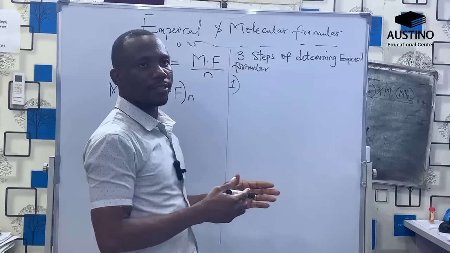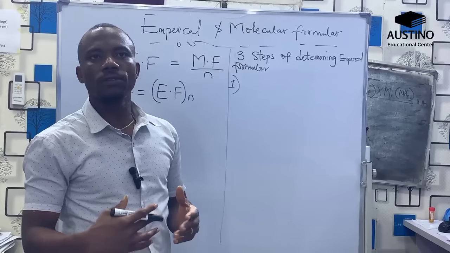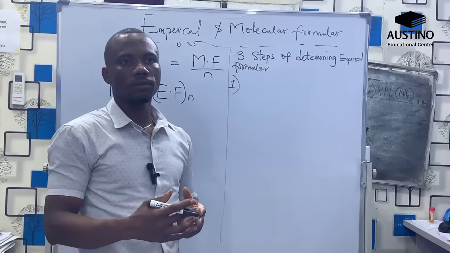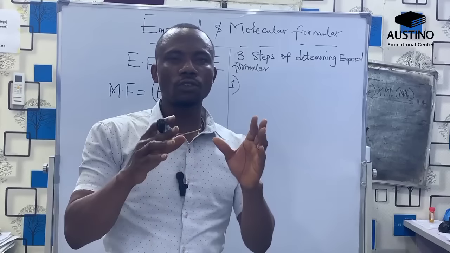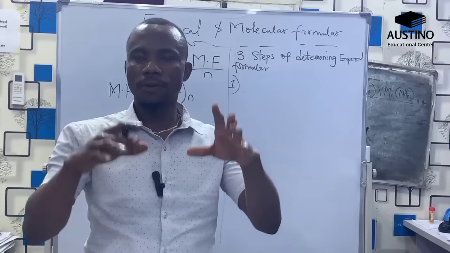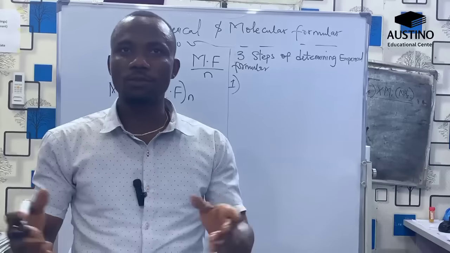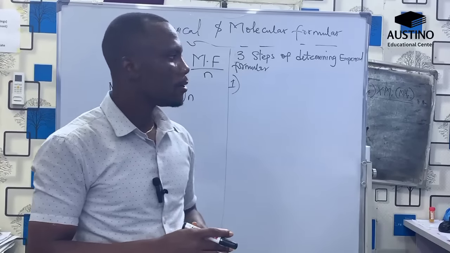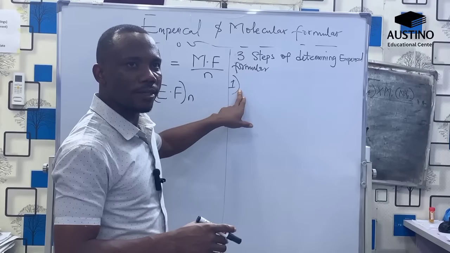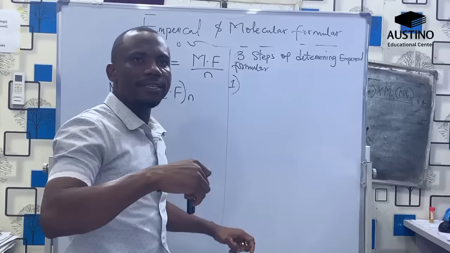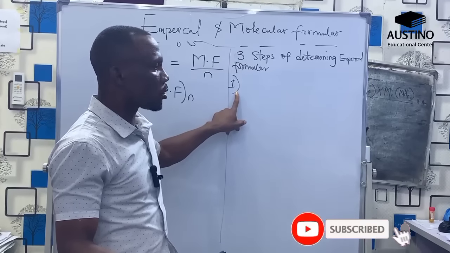What we mean by that is the compound that actually undergoes combustion. The unknown compound is made up of carbon, hydrogen, oxygen, sometimes metals and others, like we previously said in a previous video. Those elements present, if we can find their weight, we have gotten step one.